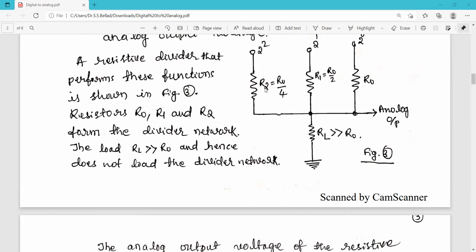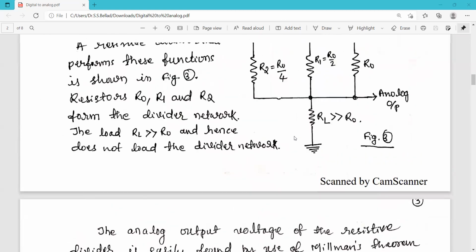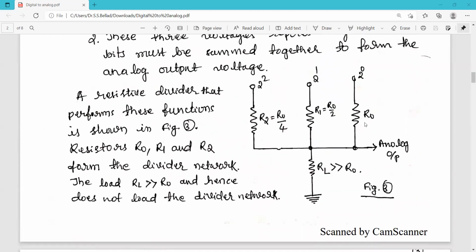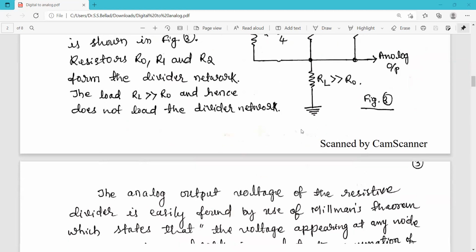Then R2 is equal to R0 by 4. That means R2 is 1/4 of R0. In this way, these resistors are chosen, because the voltage drop across here and here should be changed. So that is why the resistors are used in that way.